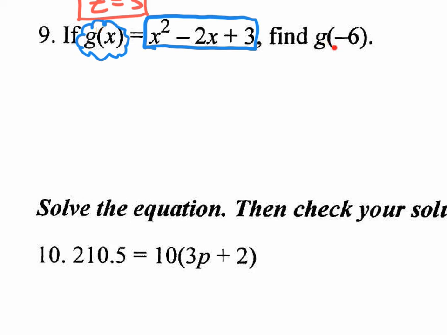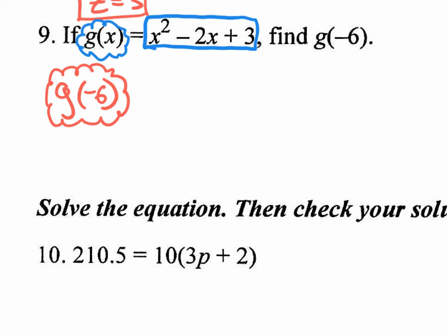Now, when they say g of -6, that does not mean for you to multiply g times -6. That's not it. Again, this is just notation. And what is this notation? It's like a shortcut for an instruction to you.